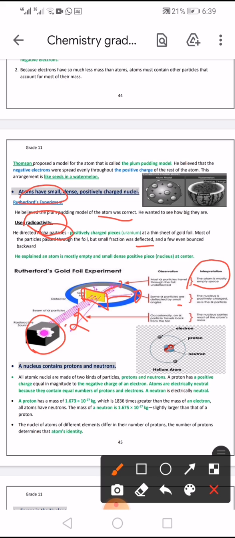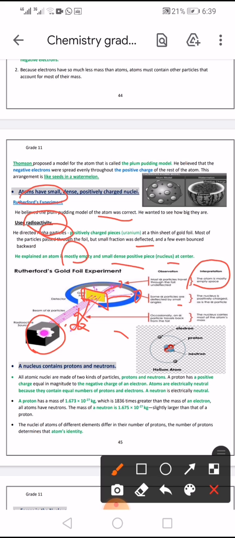Some alpha particles bounce backward, which means that the nucleus carries most of the atom's mass. So Rutherford explained that an atom is mostly empty, with a small, dense, positively charged nucleus at the center.